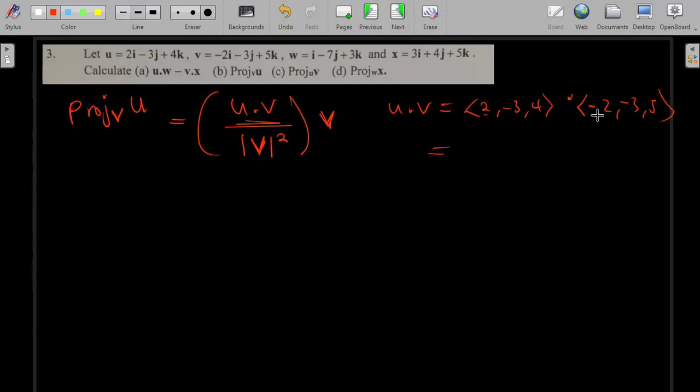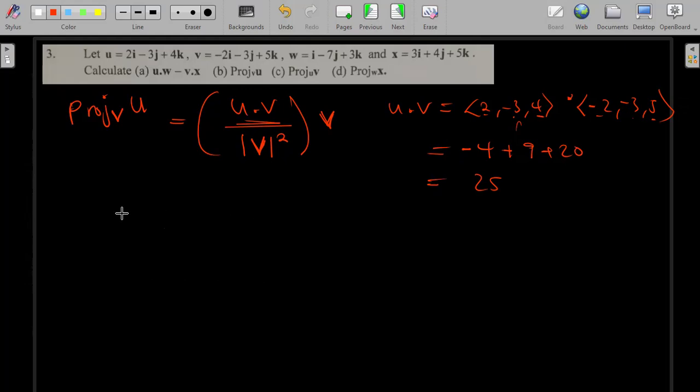I multiply 2 and -2, which gives me -4. Then plus -3 multiplied by -3 gives me +9. Then plus 4 multiplied by 5 gives me 20. This gives me 25. So my dot product is 25.